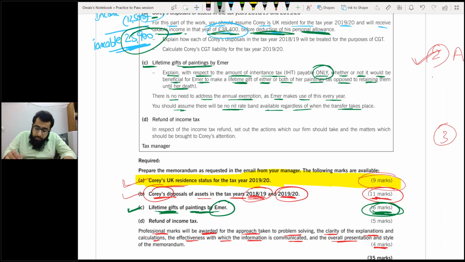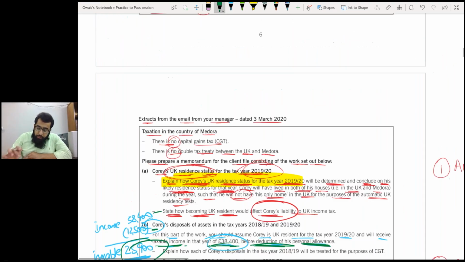So what he's asking is, explain with respect to the amount of inheritance tax whether or not it would be beneficial for Emmer to make a lifetime gift of either or both of her paintings. Whether she should give the paintings during life or not. We have to discuss it. Okay, let's go and look at the situation which is given.